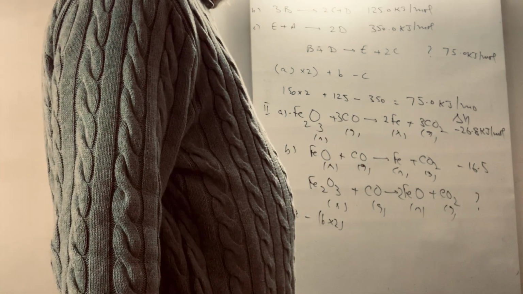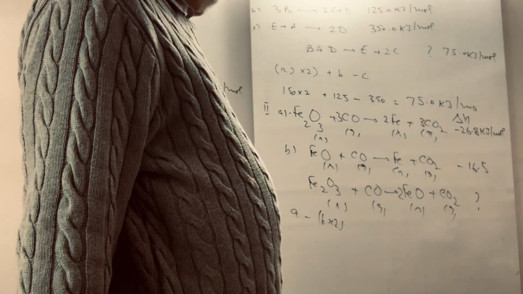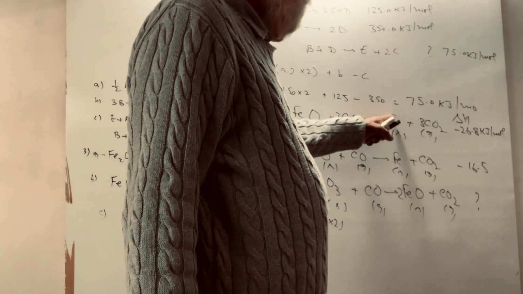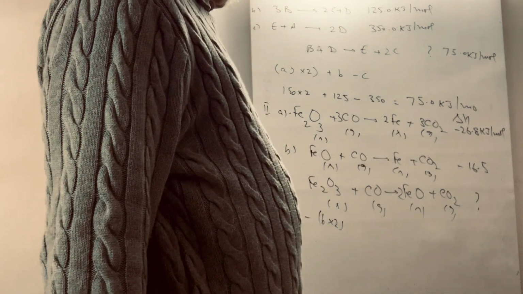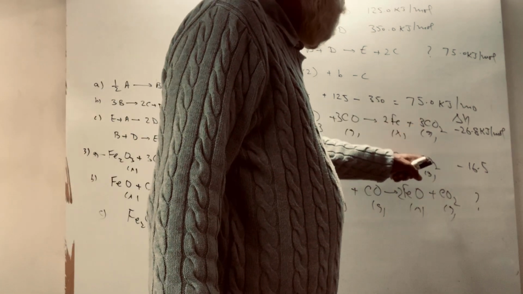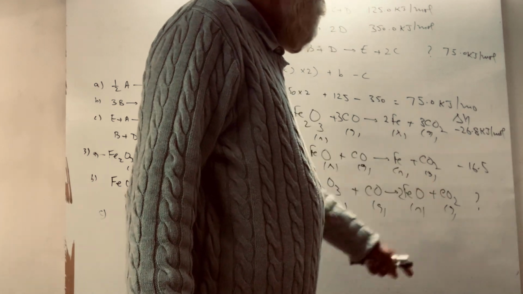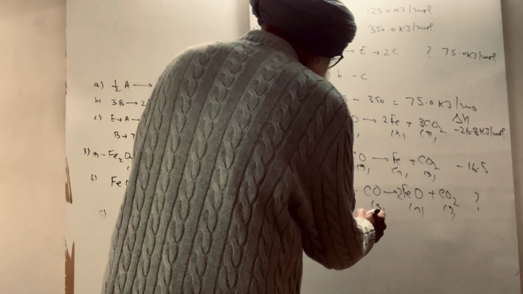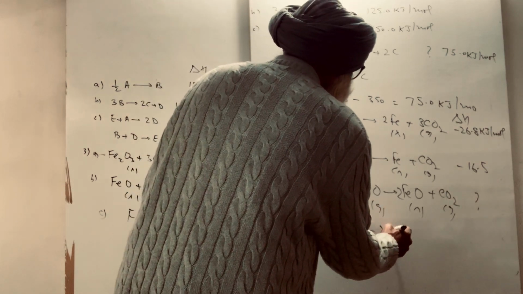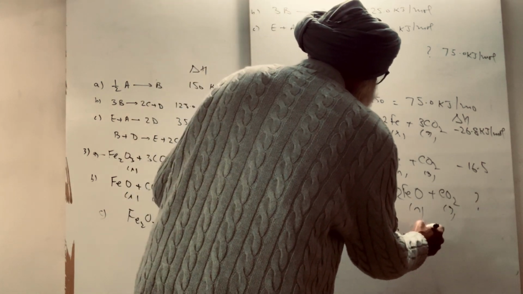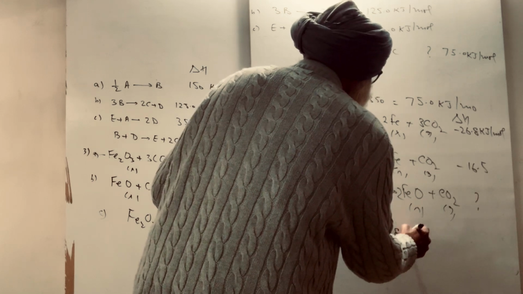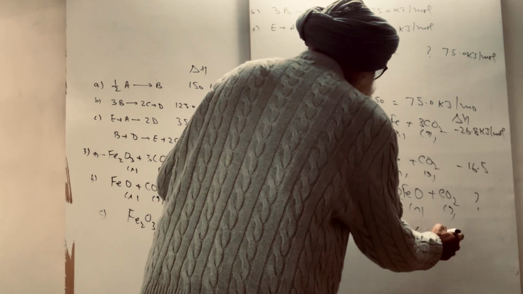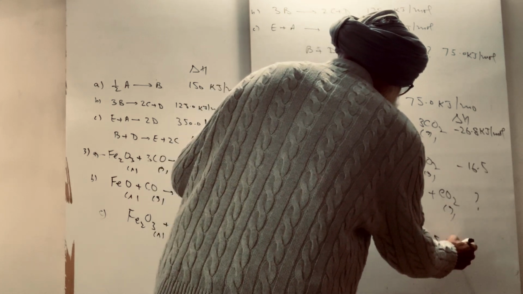Then how many iron do you have? This is 2 iron positive, this is 2 iron negative, so this is cancelled. Then you have 3 CO2 positive, 2 CO2 negative, so ultimately we are left with 1 CO2. So the answer will be minus 26.8, this is plus, minus 16.5 into 2.